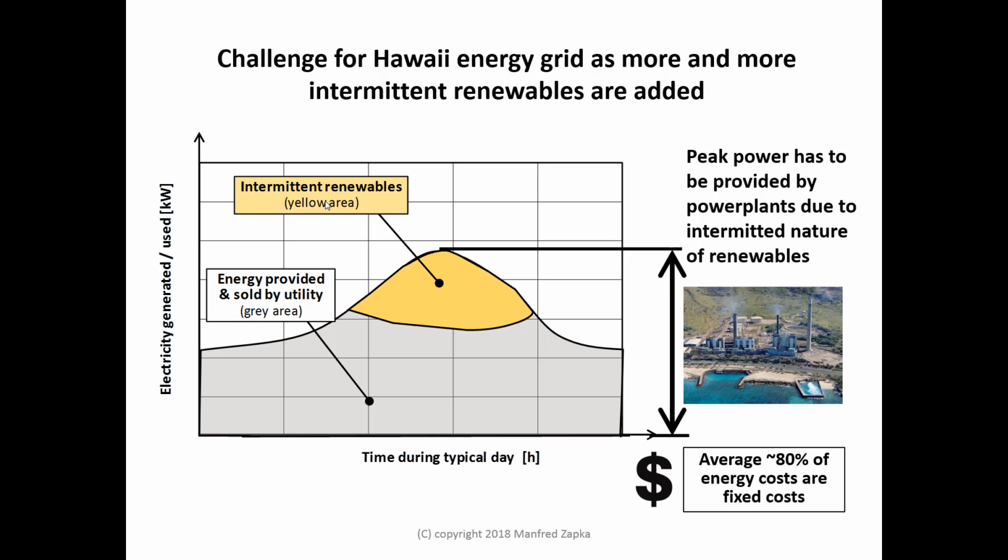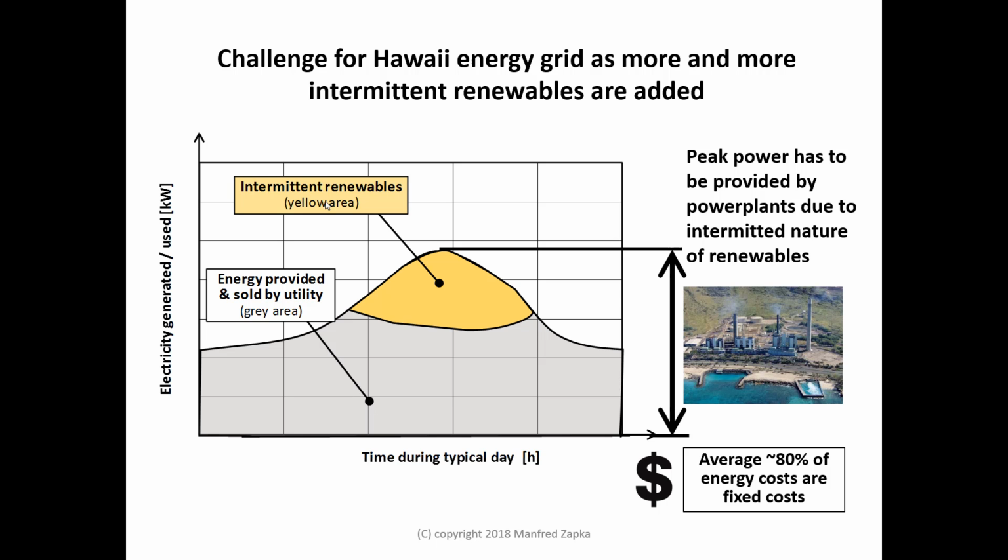The energy provided by renewables is highlighted here by the yellow area. Since the dispatchable power is replaced by intermittent power, the energy derived from dispatchable power is reduced, and therefore the size of the gray area decreases, and so does the amount of energy that can be sold by the utility.